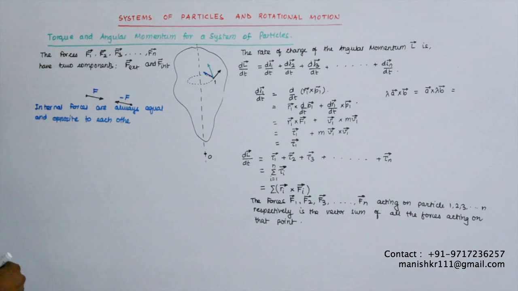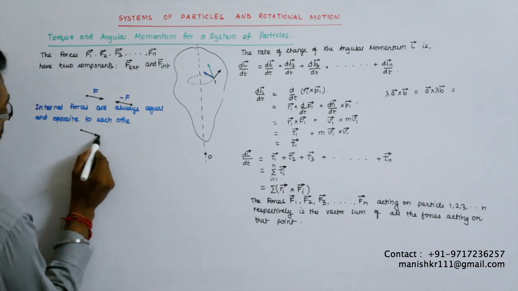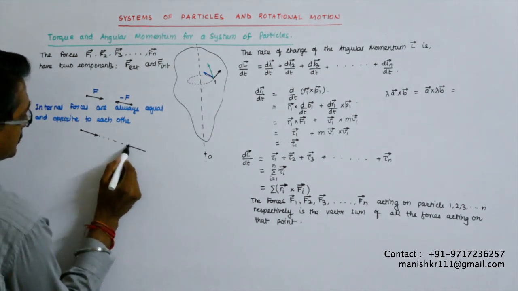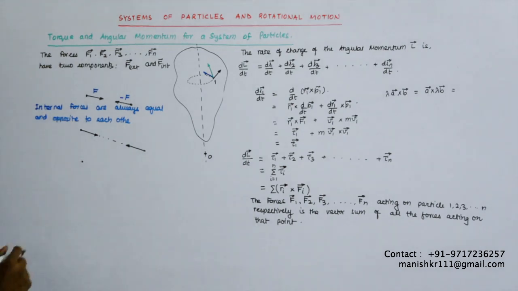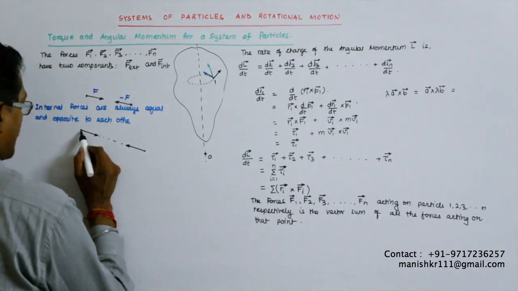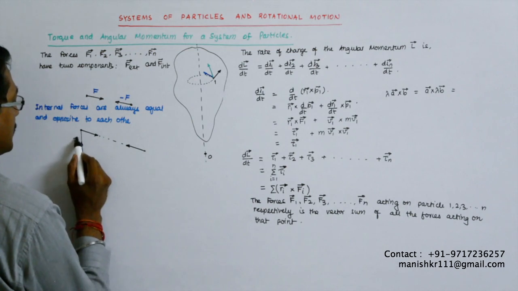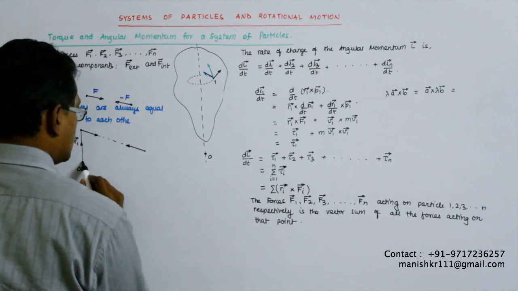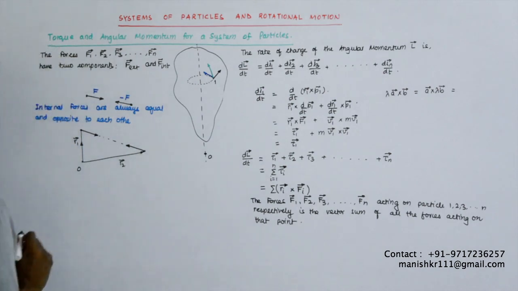Now let me erase this, otherwise it will not be clear. So I'm reproducing the same thing here. Let's say this is my origin. I designate this as R1 and this as R2.